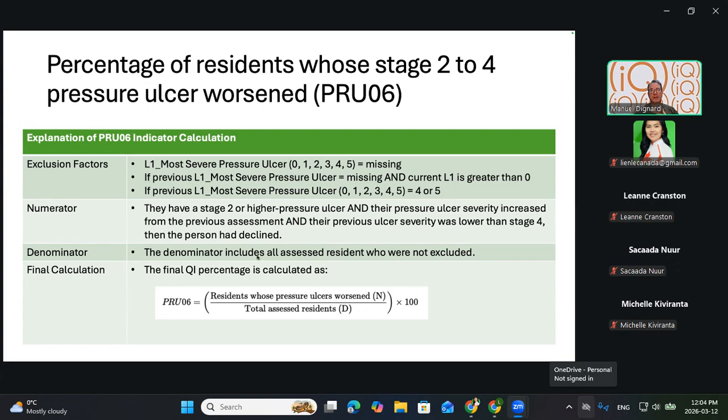So if your pressure severity has gone up, you've declined. Essential QI. It highlights the deterioration in wound healing. It may signal breakdowns in preventative care, repositioning routines, dressing changes. So a rise here should definitely trigger a focused review of pressure ulcer prevention strategies within your home.